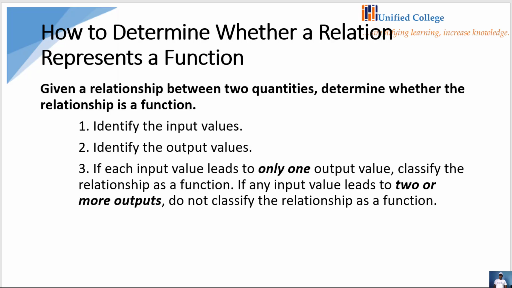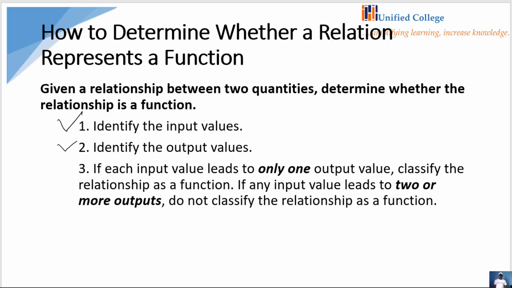The first thing to do is to identify the input values. Secondly, identify the output values. Then finally, compare. If each input value leads to only one output value, classify the relationship as a function. If any input value leads to two or more output values, do not classify the relationship as a function.